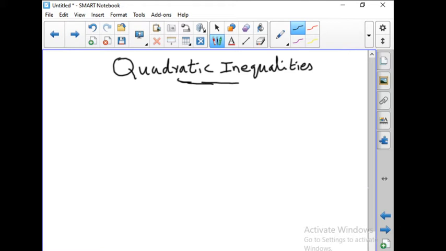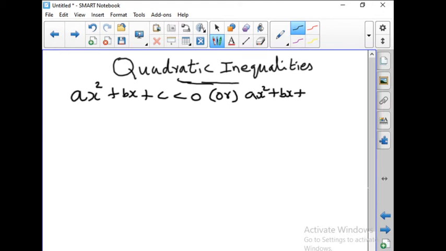So quadratic inequalities will be of the form ax square plus bx plus c less than 0 or ax square plus bx plus c greater than 0. These are called quadratic inequalities. We can have the equal to sign also, less than or equal to or greater than or equal to.